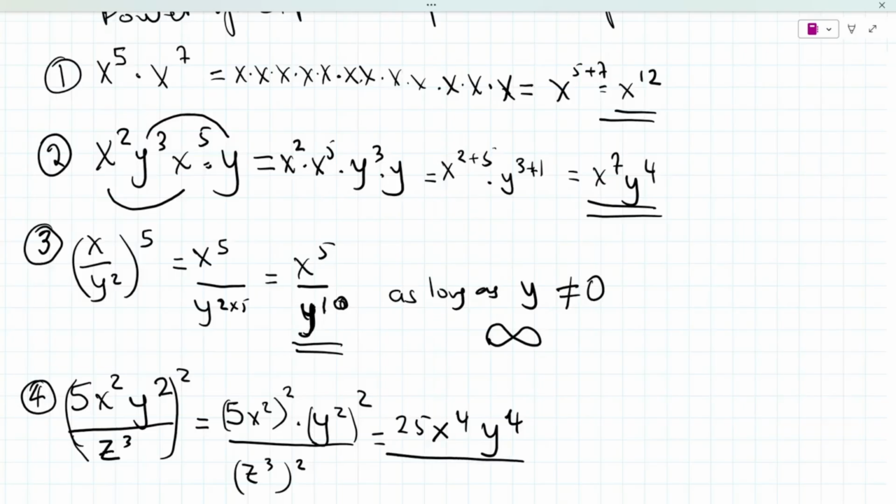And then this is all divided by z to the power 3 squared, which will be z to the power 3 times 2, which will be 6.